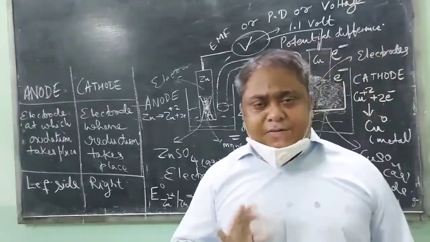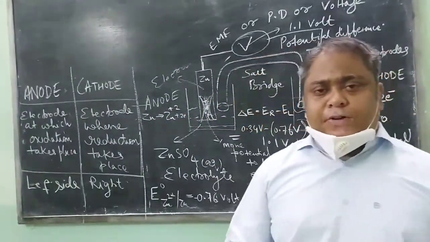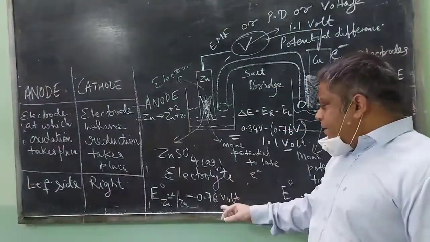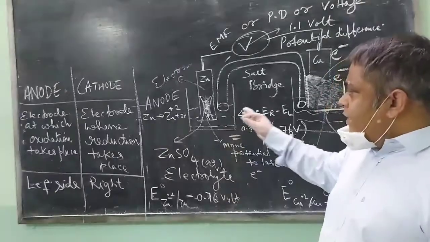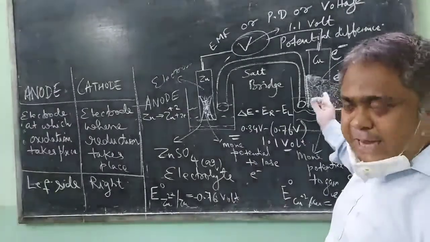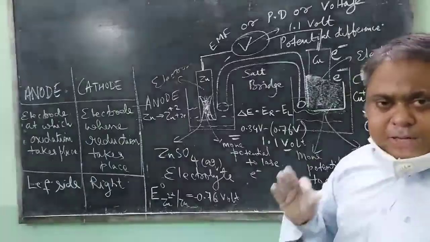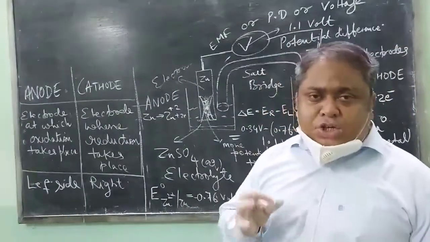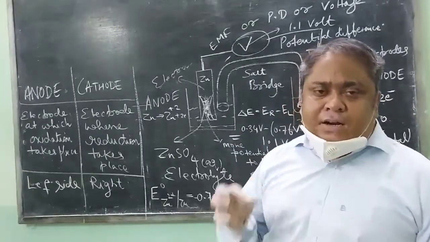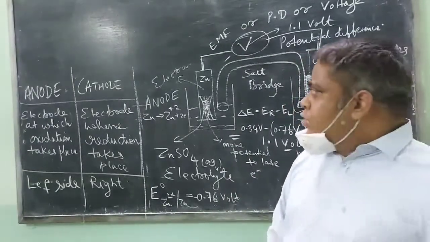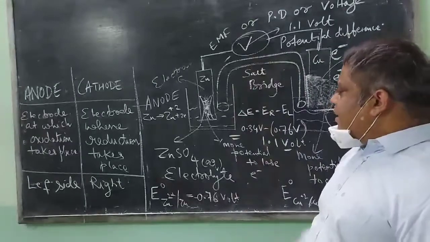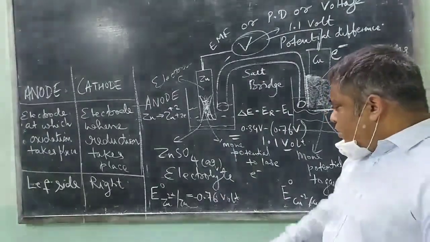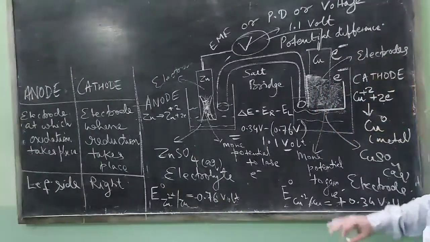But when you go to higher class, this can be found out experimentally by coupling it with another half cell whose electrode potential is 0.0 volt. That half cell is the standard hydrogen electrode. Whatever value is shown by the voltmeter will be the individual electrode potential. As of now this is given in the table of your book.